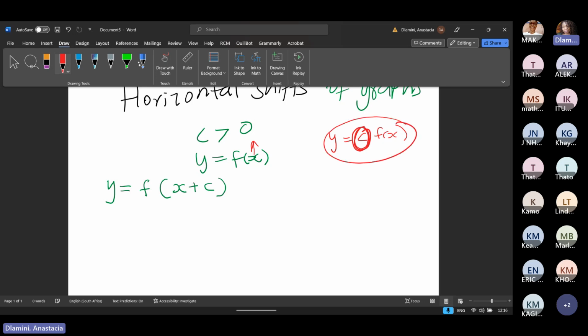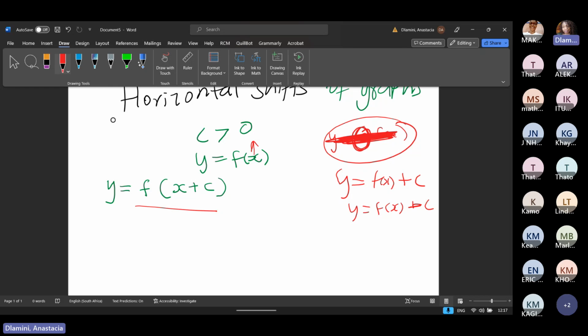This is a vertical shift and this is a horizontal shift. Are we making sense, guys? Yes, ma'am. No, sorry, I'm wrong here. It's y equals f of x plus c for the vertical one, and f of x minus c for the other. So with vertical shifting, we are adding the value of c to every value of y that we obtain after substituting in f of x.